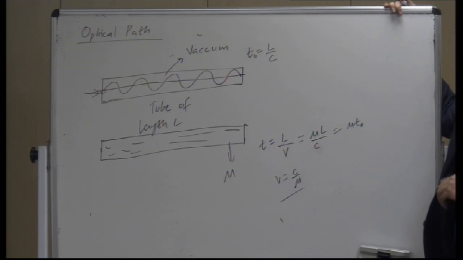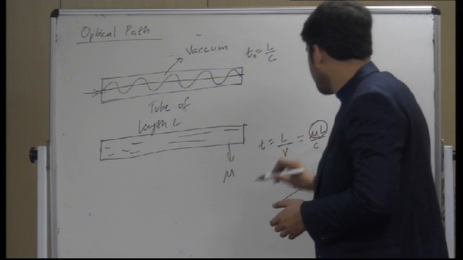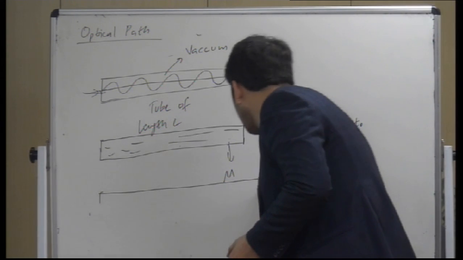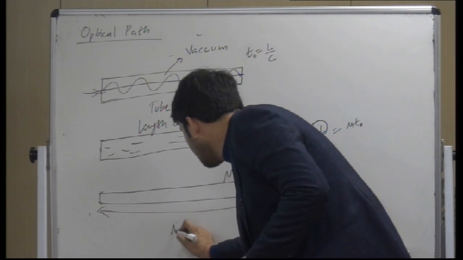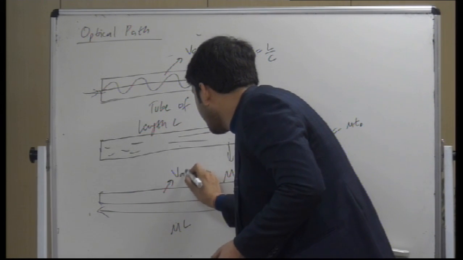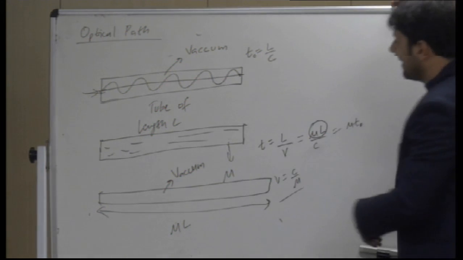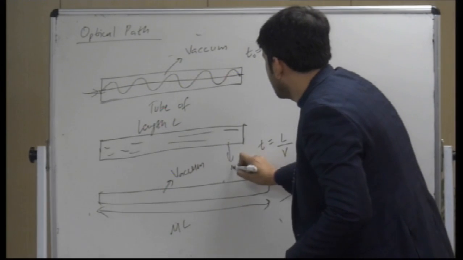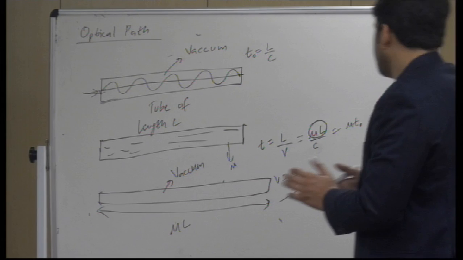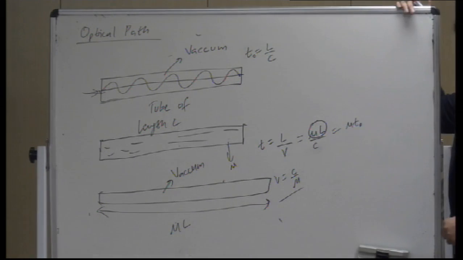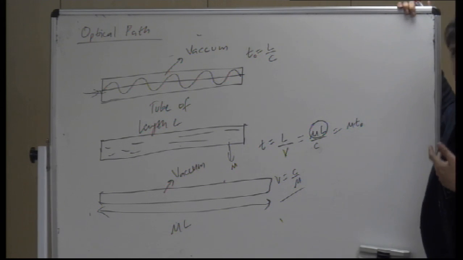We can imagine as if the path is a little longer, the path length is mu L, but inside there is vacuum. Getting my point? Instead of having a medium, let us just increase the path length to mu L. The time taken here would be the same, so I am drawing an equivalent diagram.